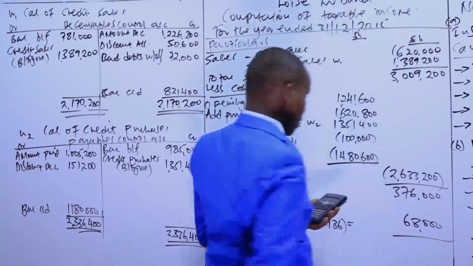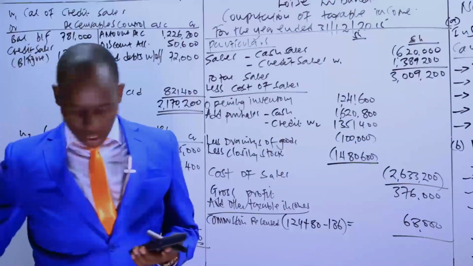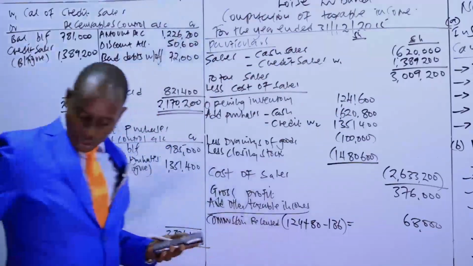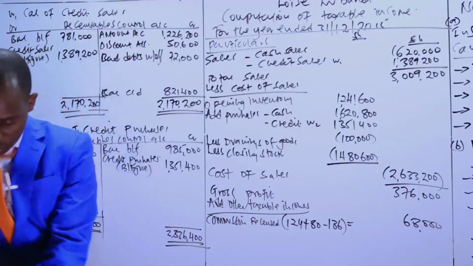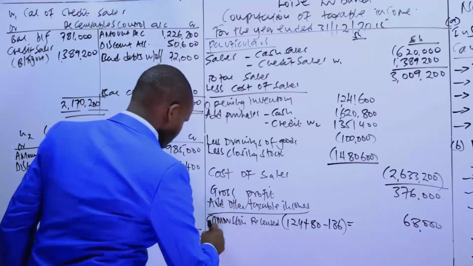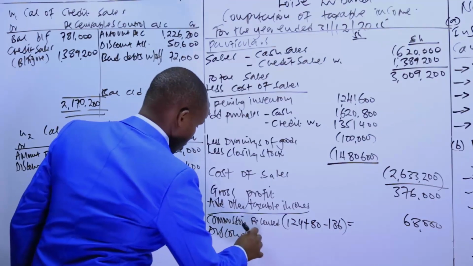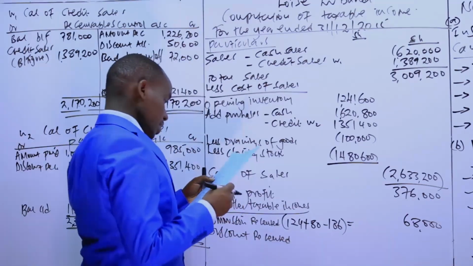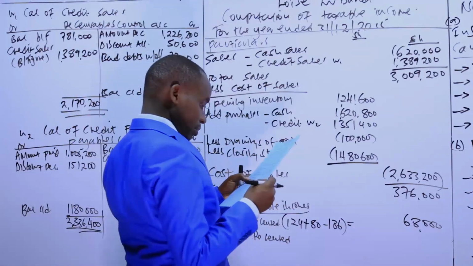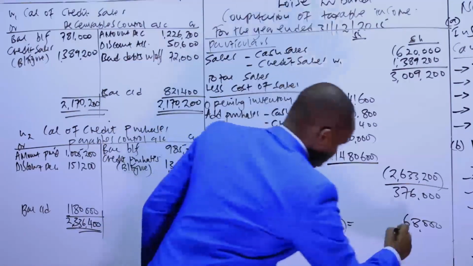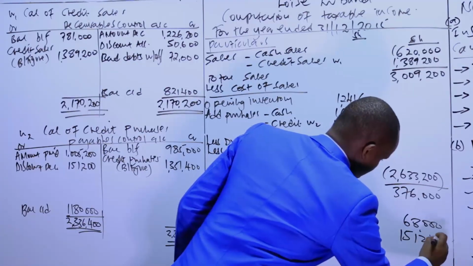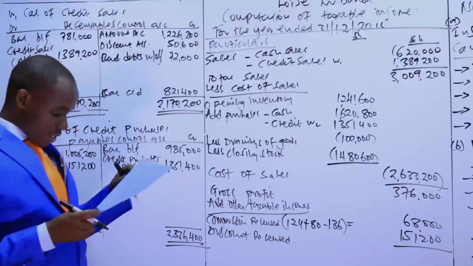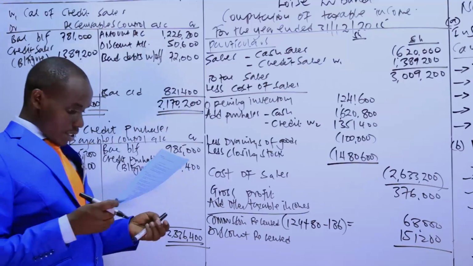And that is the only, no, we also have discount received as another income. Discount received is still another income. Note number 1, 151,200. Those two are the other incomes that we have not captured.